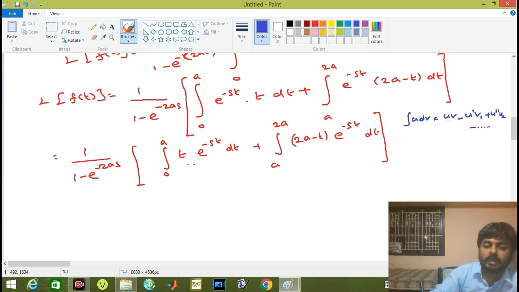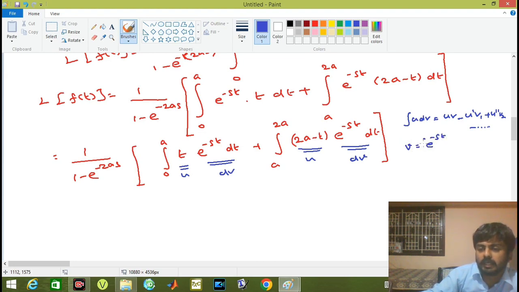Okay, so here this is u and this is dv, here this is u and this is dv. So what is our v? For the first we are having v equal to integral of e power of minus st dt, and in the second case we are having the same thing, so it is not necessary to split it.